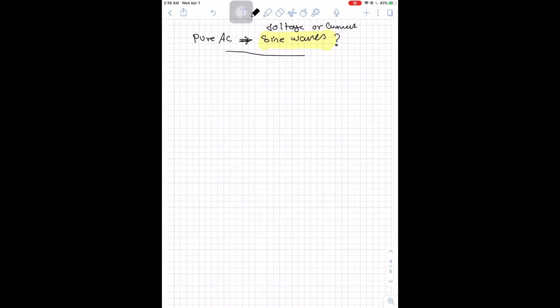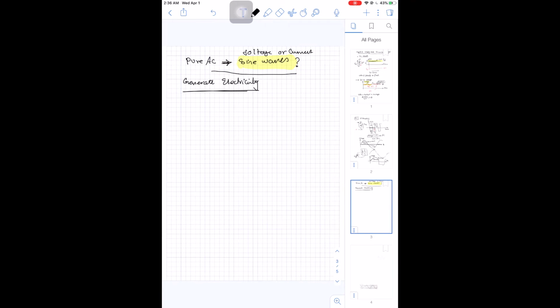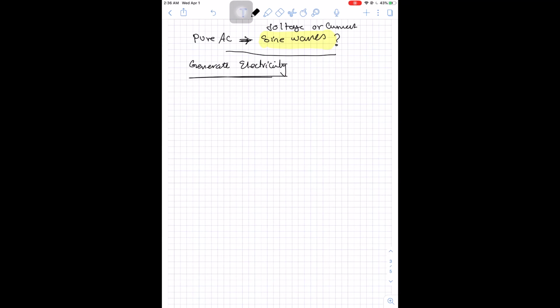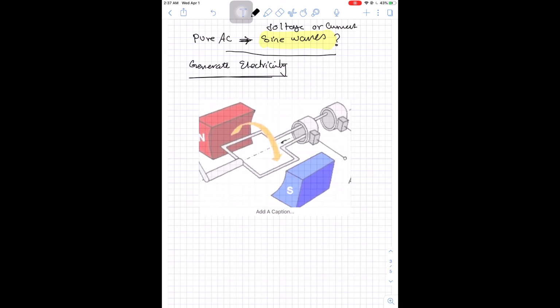So let's see how we can generate electricity. To generate electricity, we use what is called a generator. So let's bring this photo here. This is the construction of the generator.